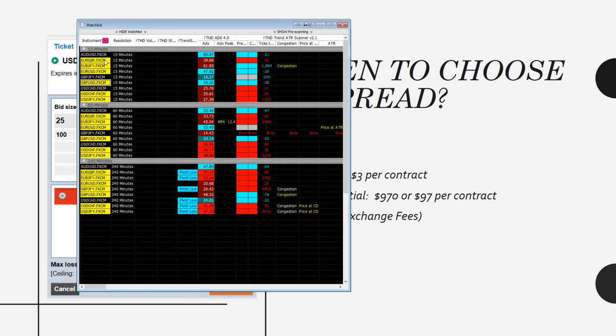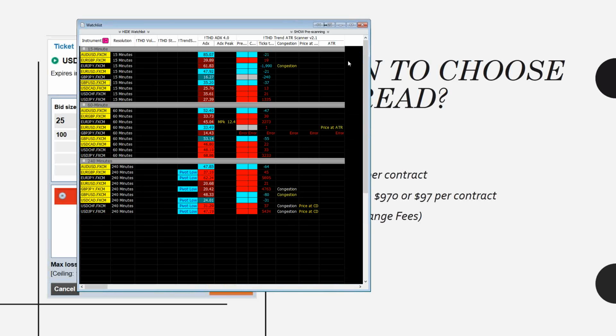These are 3 separate charts. I have a 15-minute, a 60-minute, and a 240-minute. I can actually look at all 3 of these charts at one time with multi-charts or with NinjaTrader, and I never have to change my chart.